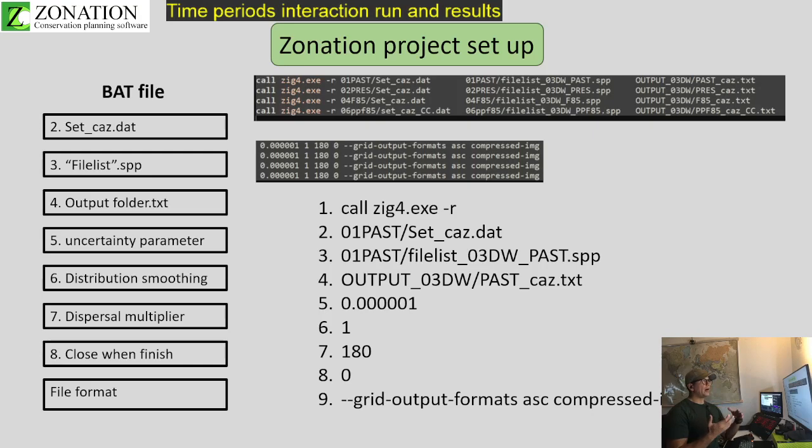And one thing that I explained is that we need to have our file to set up the run appropriately ready, right? We've been through this. We know that we need to have the setup file list, where we're going to be putting the information, if we're going to have some kind of smoothing or a multiplier for the dispersal capabilities, and so on.